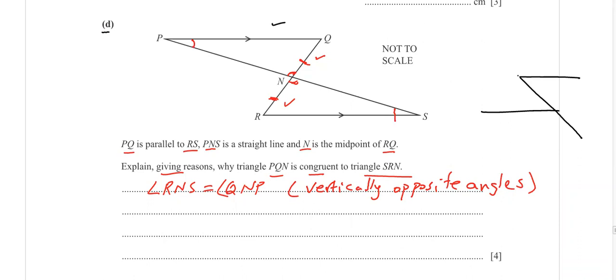You can say angle RSN is equal to angle QPN. What is the reason? What do we call such angles? These angles are alternate angles. Between the parallel lines, this angle and this angle are equal. So we will say these are alternate angles.